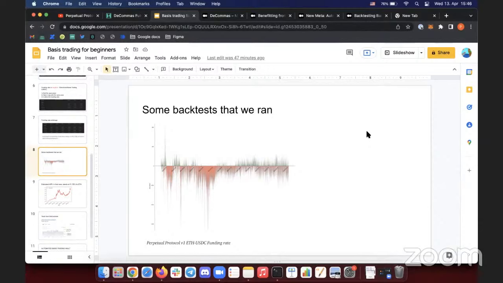And the same with basis trading also. So the funding rate may change, and the APR can only be projected. It can't be a 100% guaranteed APR. It can only be projected.